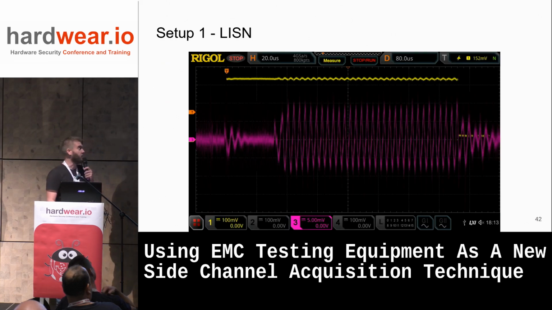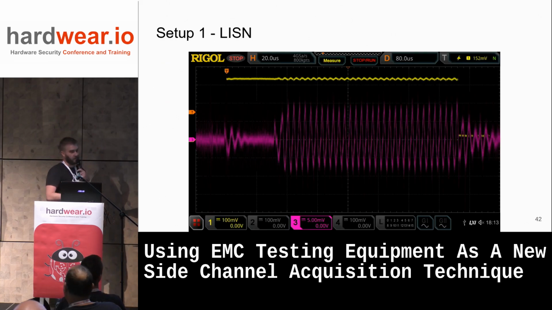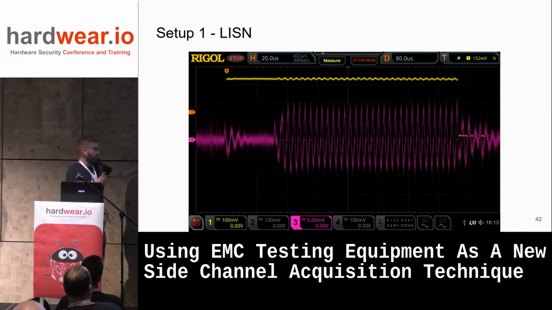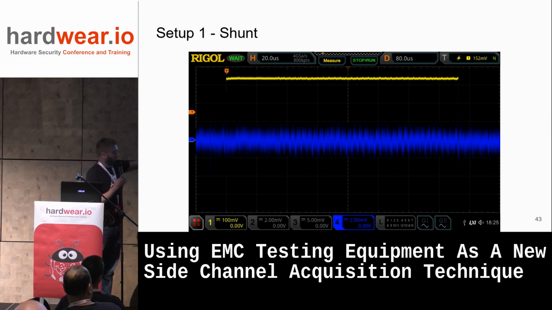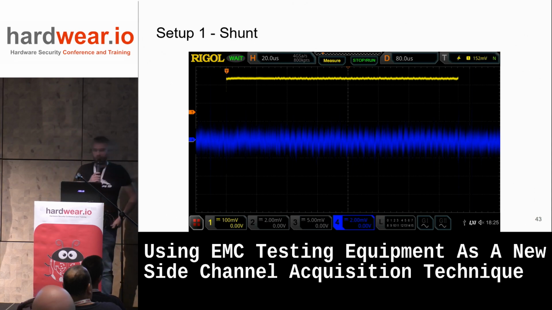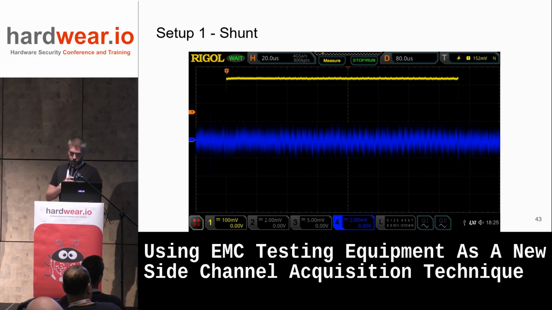As a reminder, this is with the LISN. You can see the vertical resolution is 5 millivolts per division. And with the 1 ohm resistor, not that good. You can see that now I had to zoom on the vertical scale to have a better signal.